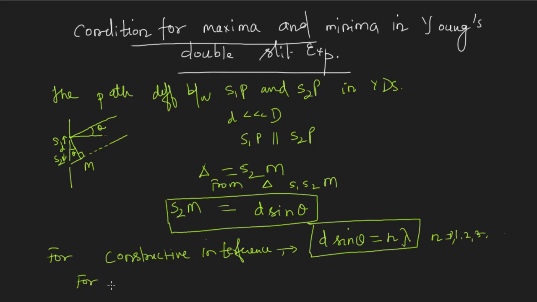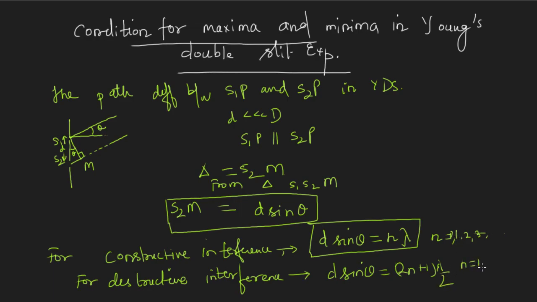For destructive interference, we already saw that the path difference should be odd multiples of lambda by 2. So I can write d sine theta is equal to (2n plus 1) lambda by 2, where n is equal to 0, 1, 2, and so on.